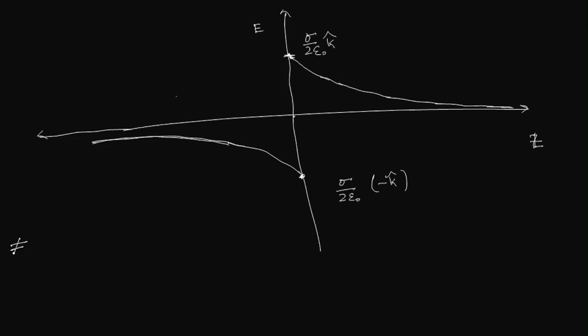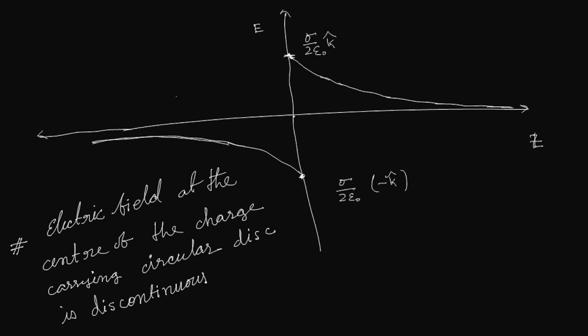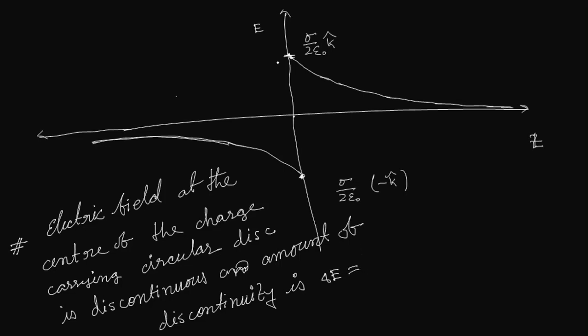So you can write one line here: the electric field at the center of a charge carrying circular disk is discontinuous, and the amount of discontinuity is right side value minus left side value.